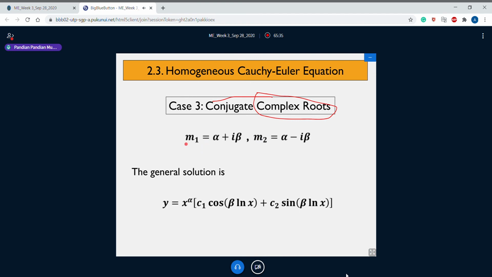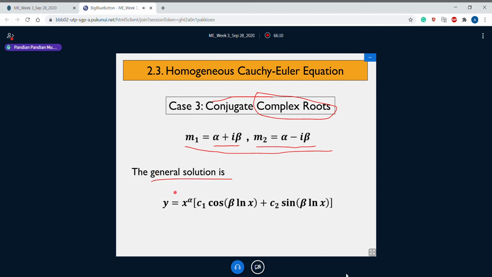When you solve the quadratic equation a m squared plus (b minus a) m plus c equals 0, you will find that one of the possibilities is complex roots. So how do you write it? You will have m equals alpha plus or minus i beta. That means m1 equals alpha plus i beta, and m2 equals alpha minus i beta.